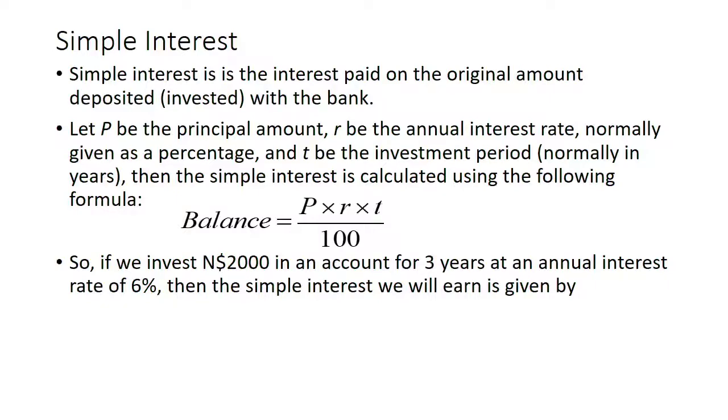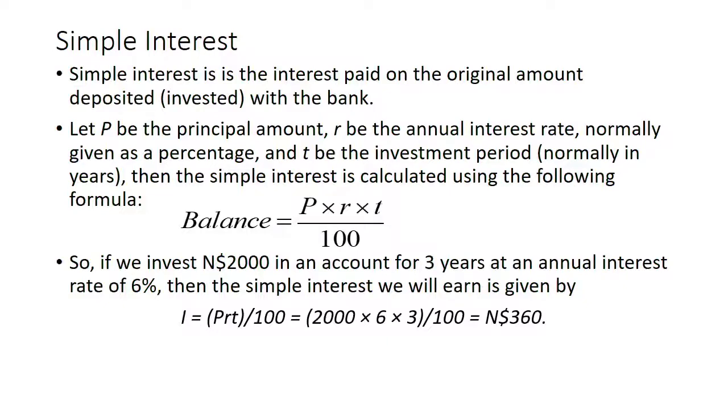Now, if we invest $2,000 in an account for 3 years at an annual interest rate of 6%, then the simple interest we will earn will be given by the formula above. That might be misleading, I'll have to change it a little bit, but that is not the total balance, but the interest that you will earn, which will then be added to the money that you put in.